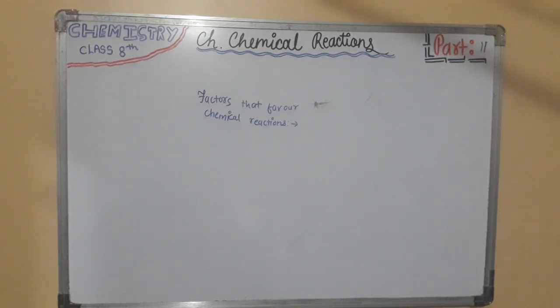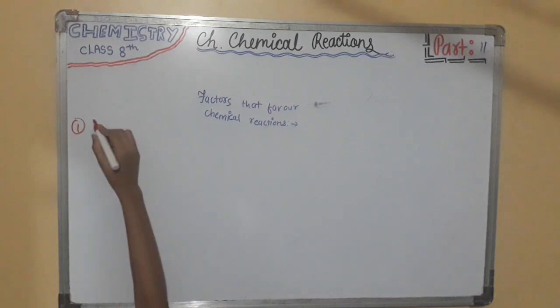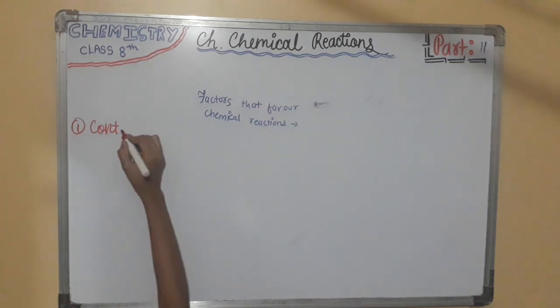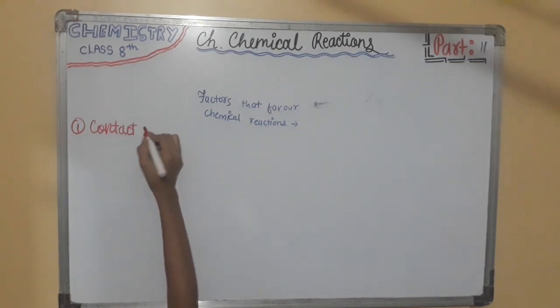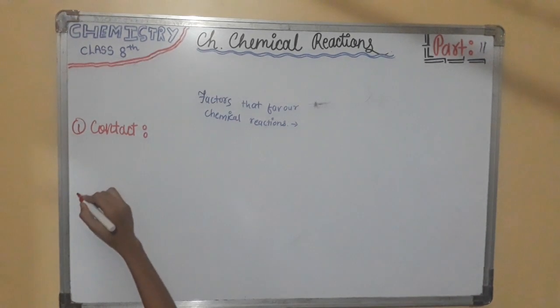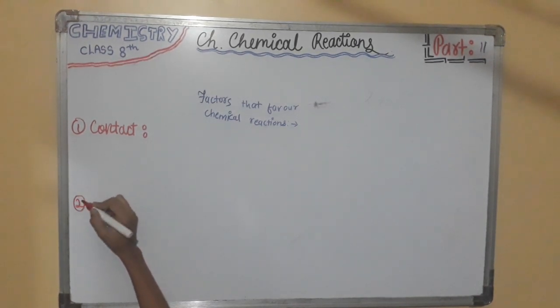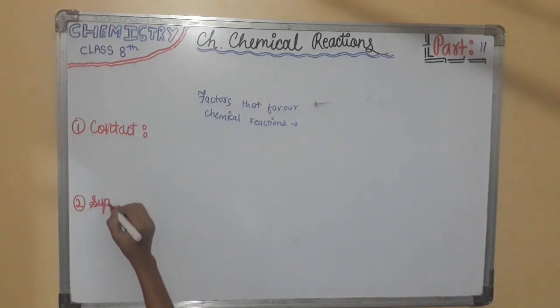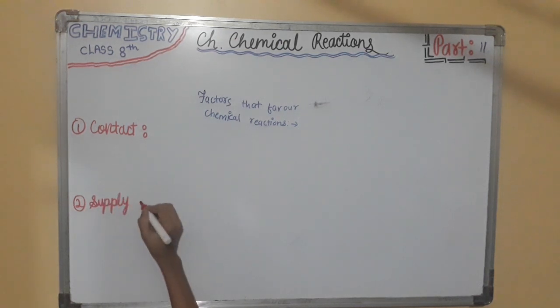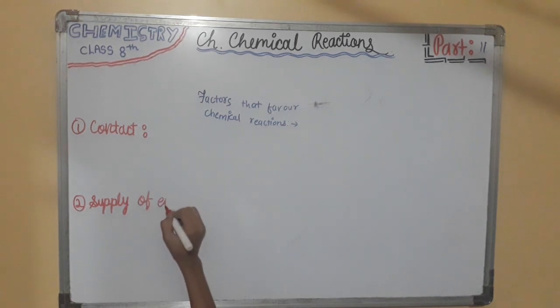Factors that affect chemical reactions: there are a total of 5 factors. First is contact, which is of 2 types. Second is supply of energy.